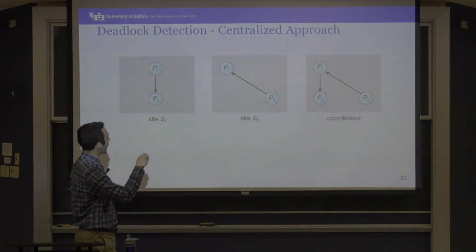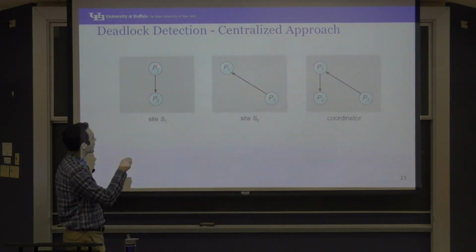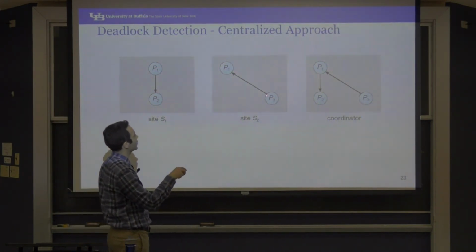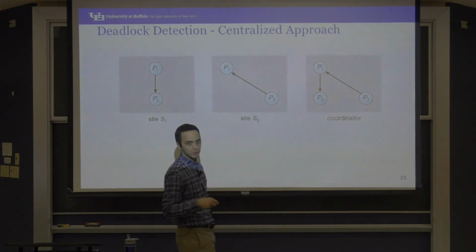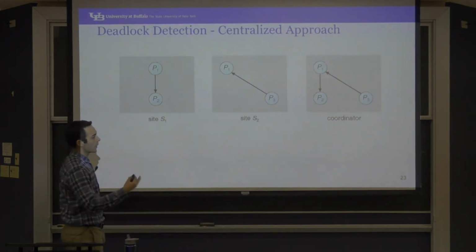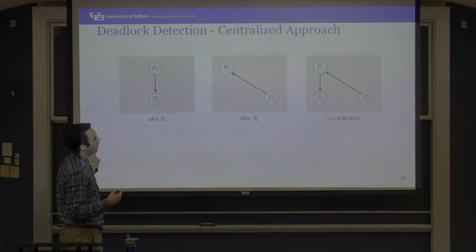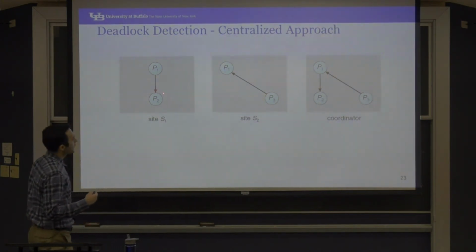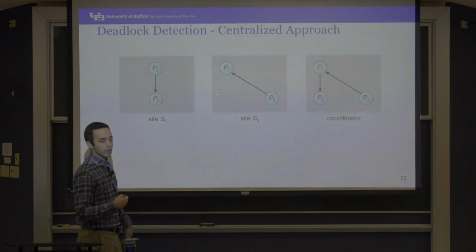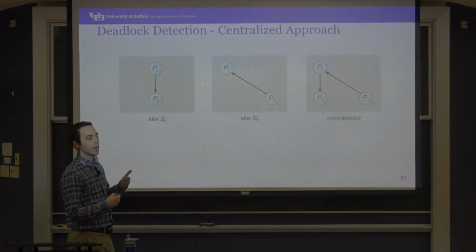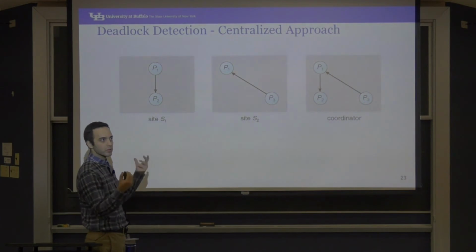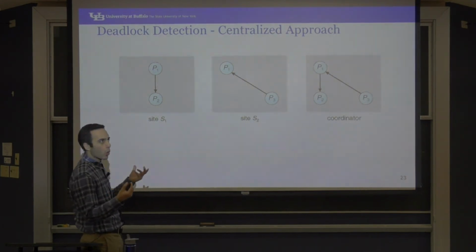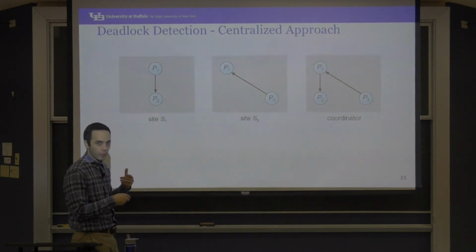Now, at this point of time, this information has P1 waiting for P2, this information has P3 waiting for P1, and the coordinator has this information. Now, normally, if P2 releases a resource, that means that this edge will be removed, because that resource is available, so P1 is not waiting for P2 anymore.